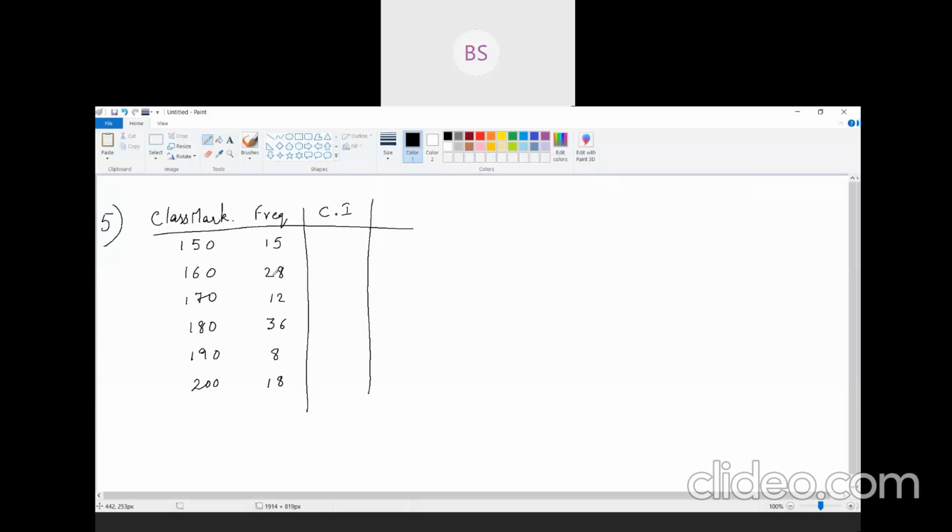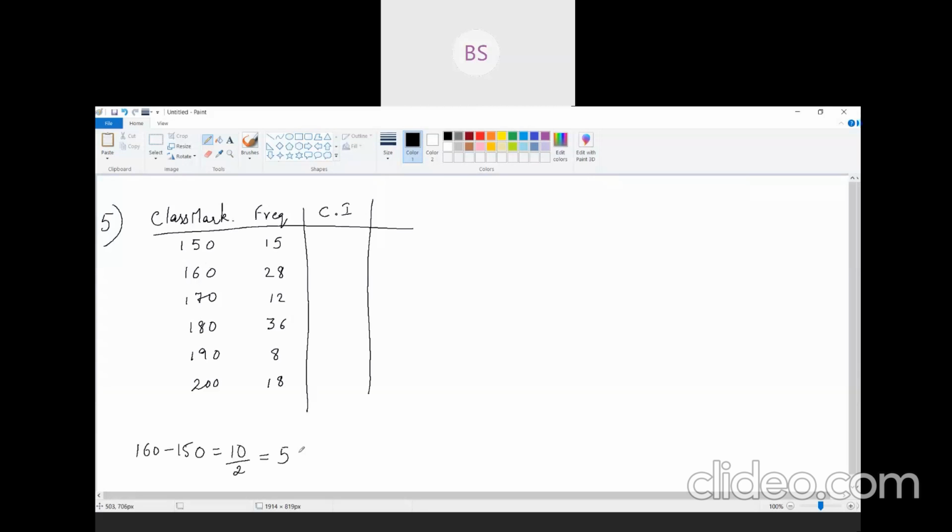Now to find out class interval, we first subtract the corresponding class marks. That is 160 minus 150. So here the difference we get is 10. So this difference 10 has to be divided by 2. So we get the value as 5.